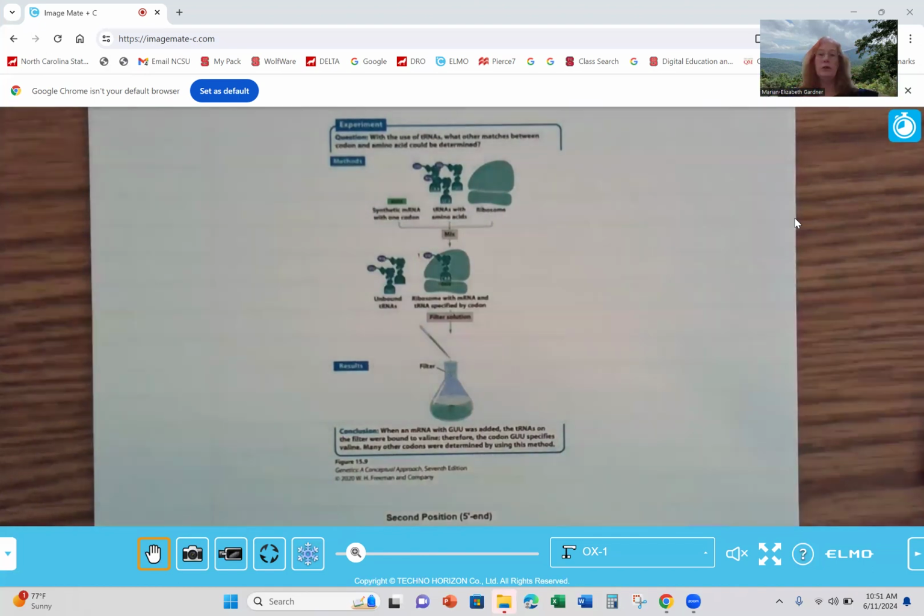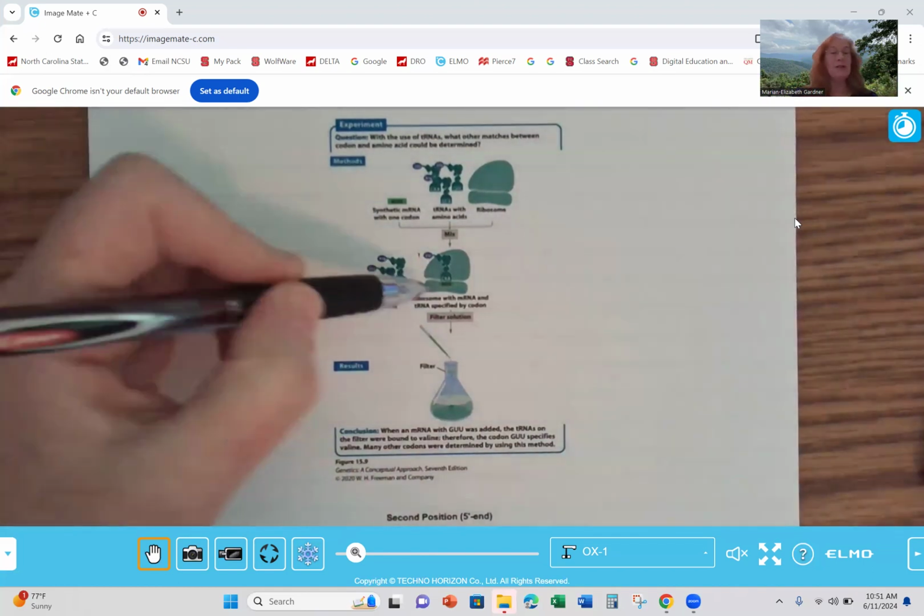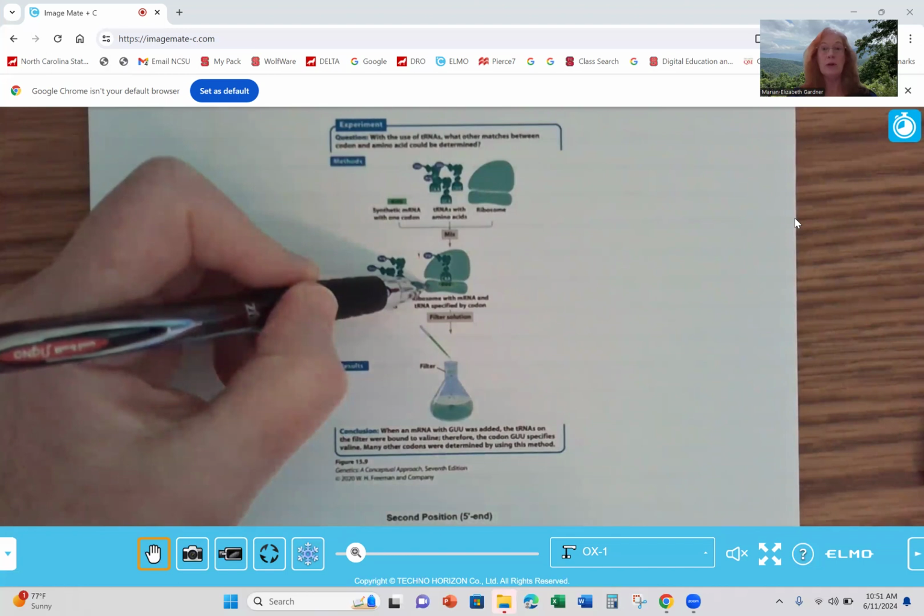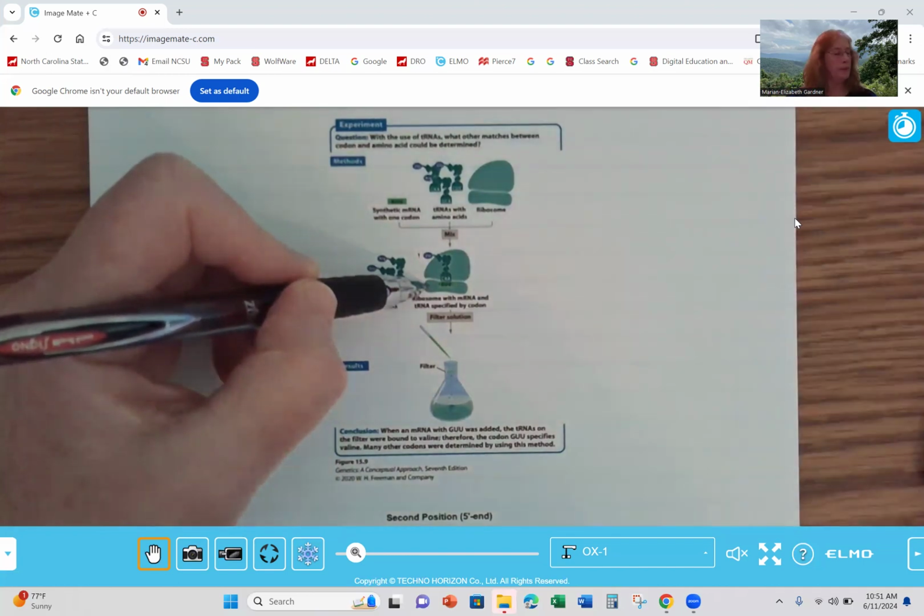And if you filtered the solution, this ribosome was big enough so that whatever was hooked with the ribosome would stay on the filter paper. Everything else would go through.